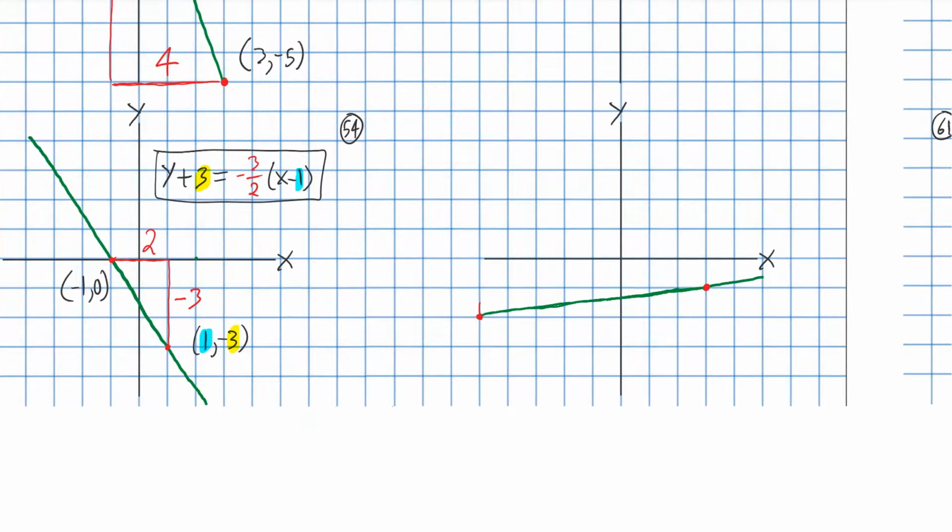Let's see, up 1 and over 1, 2, 3, 4, 5, 6, 7, 8. So this point would be 3, negative 1, and this point will be, looks like negative 5, negative 1, actually negative 2.